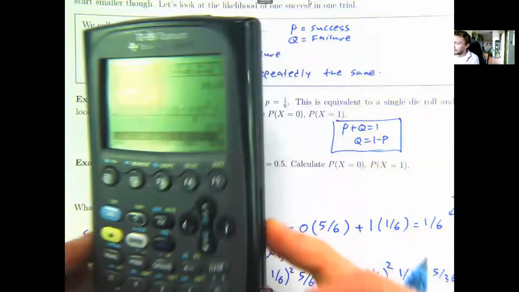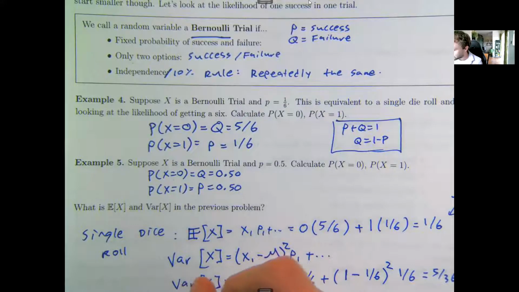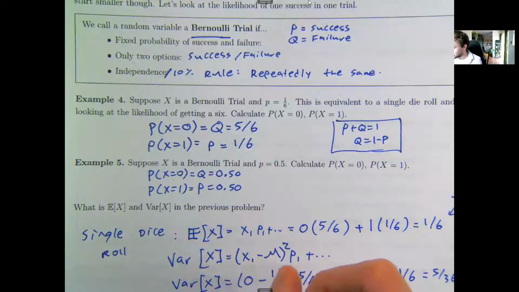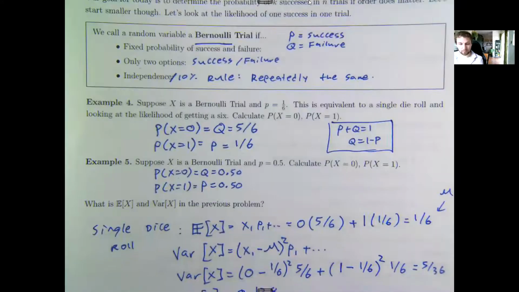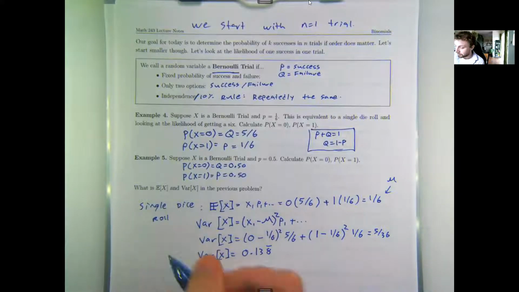But if I make that into a decimal, that is approximately a variance of 0.1388 repeating. Okay, so that's a single die roll.